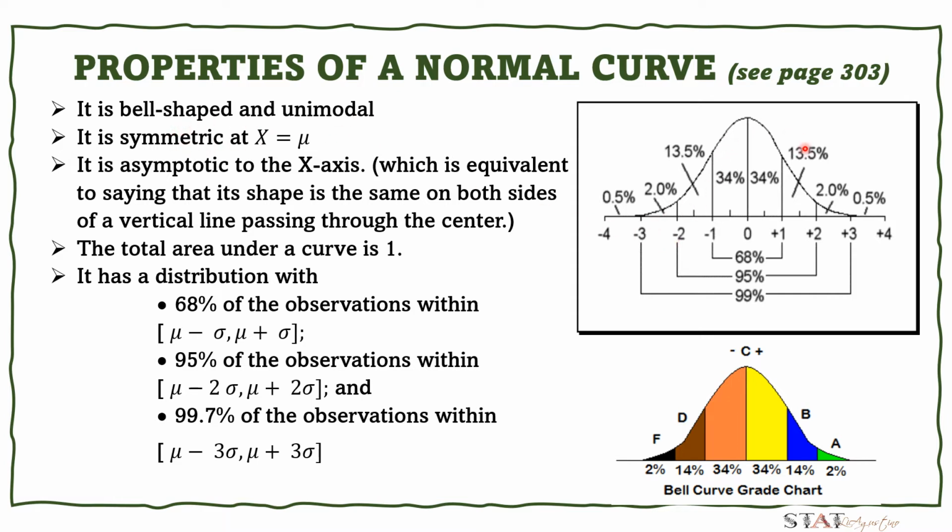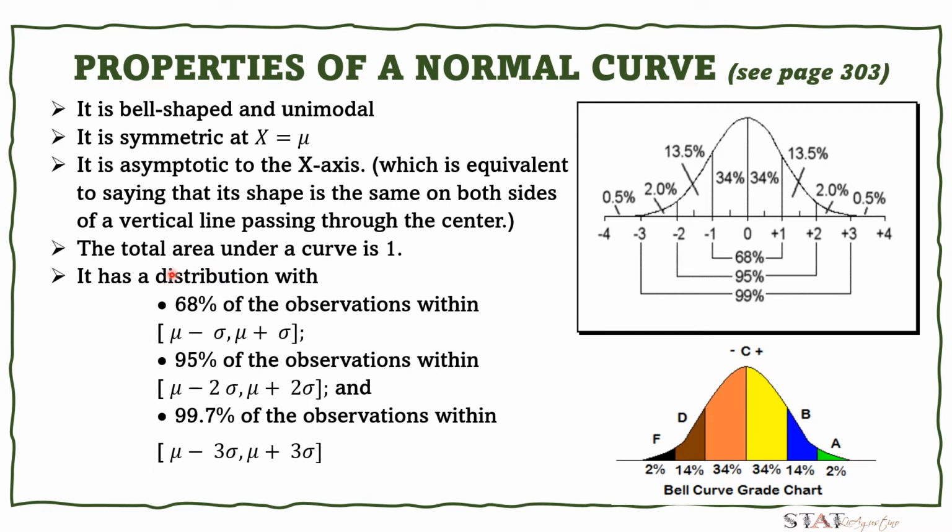In this drawing, it looks like a bell shape and unimodal. When you say unimodal, it has one maximum point here, and then it is symmetric, so from the center, the left and the other side are equal. And it is asymptotic to the x-axis. We can say the end tails approach the x-axis.